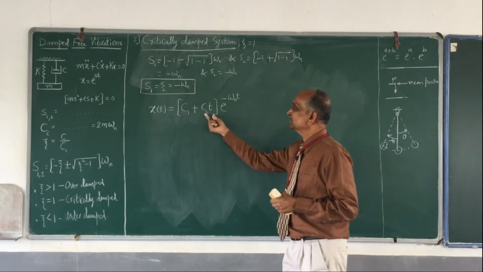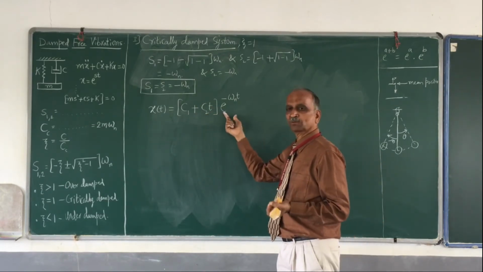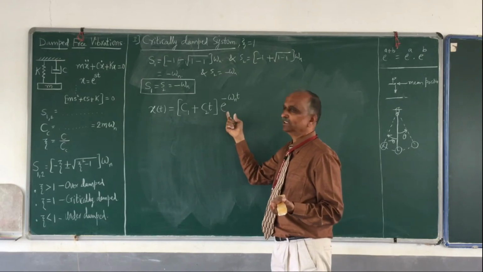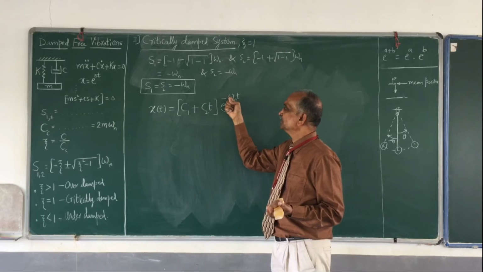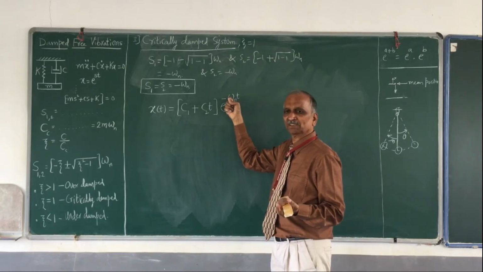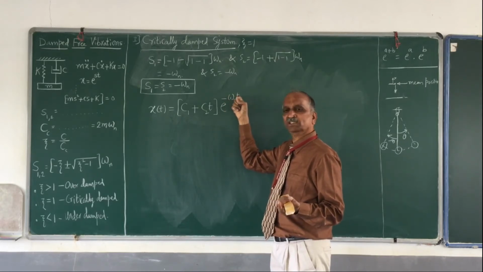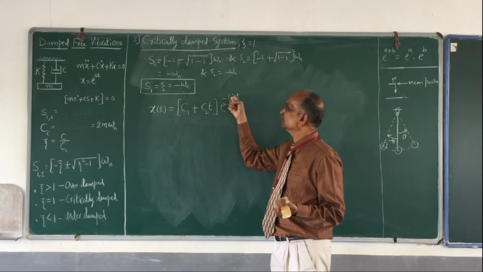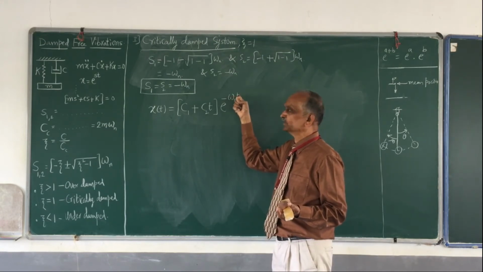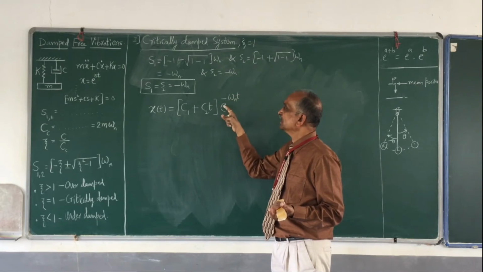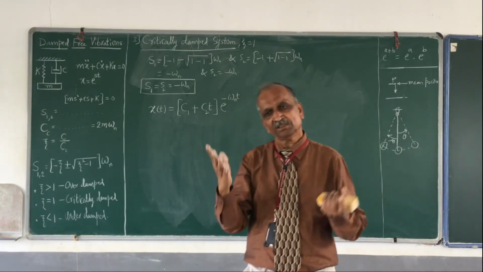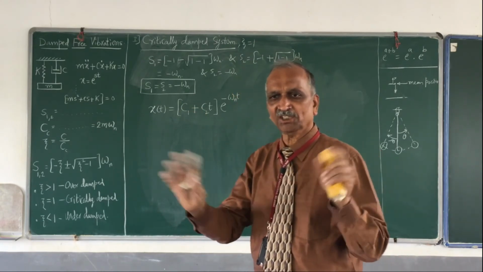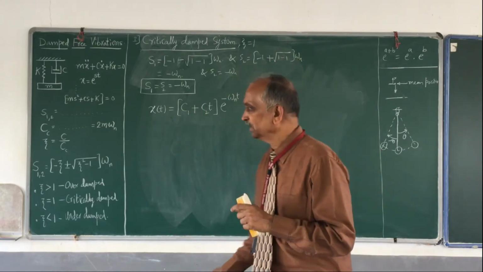This is not changing, and what about this? This also will not change. E raised to minus omega n, this is a positive value, 10 radians per second or 8 radians, something like that. That into t is positive always. This into this is positive all the time, and e raised to minus something is always some value only, that is not changing its sign, positive, negative.